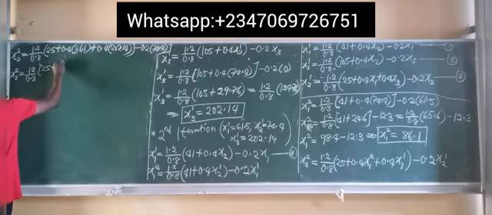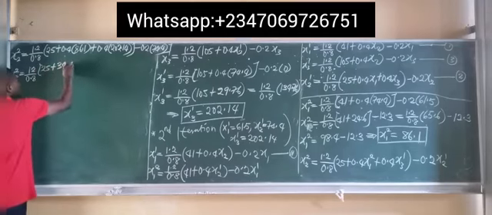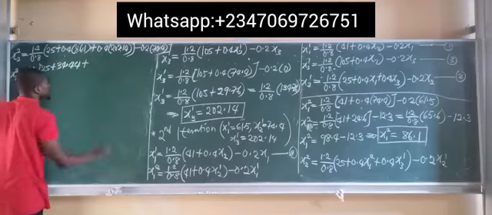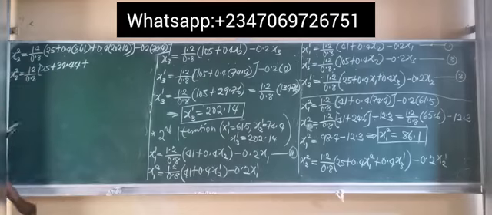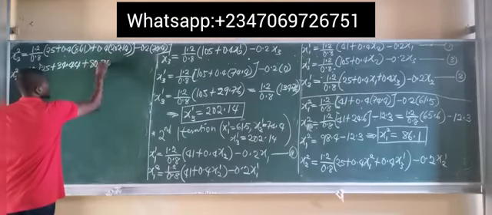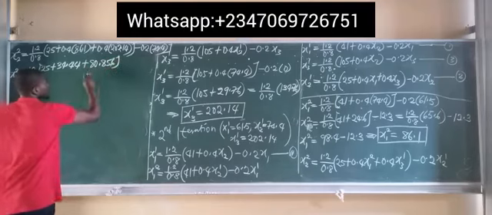We have 34.44 plus 0.4 multiplied by 202.14. That gives us 80.856.